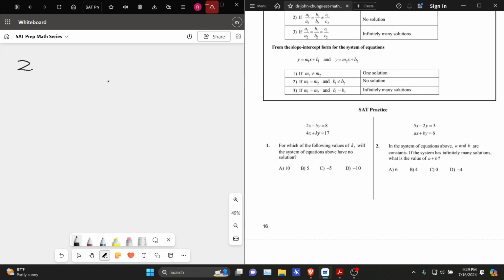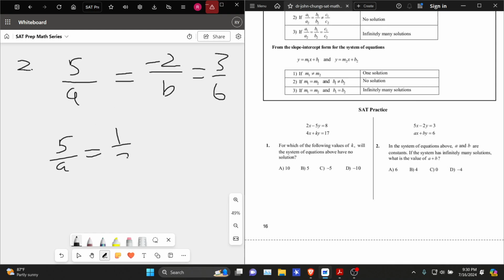So 5 over a is equal to negative 2 over b is equal to 3 over 6, and 3 over 6 is just 1 over 2. So 5 over a is equal to 1 over 2, and what we get is a is equal to 10.